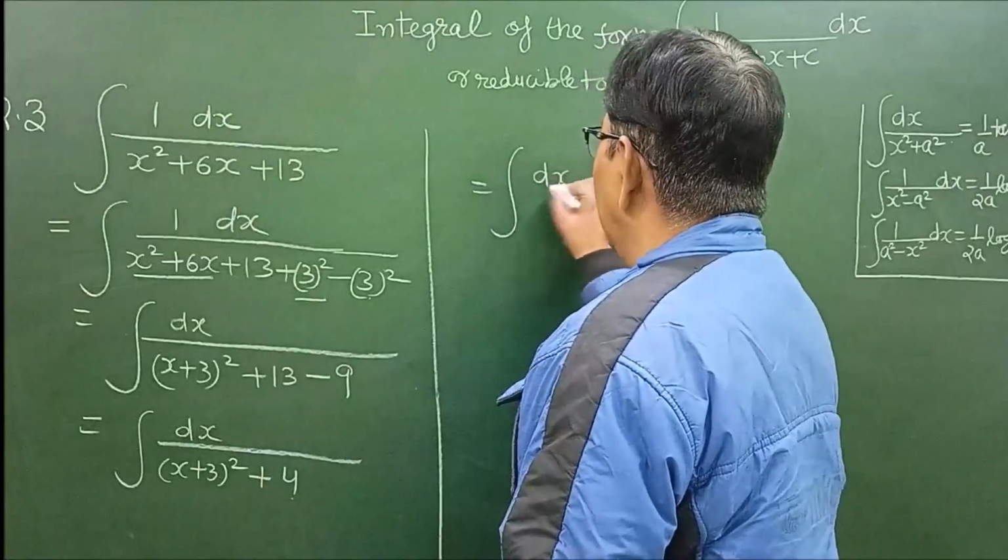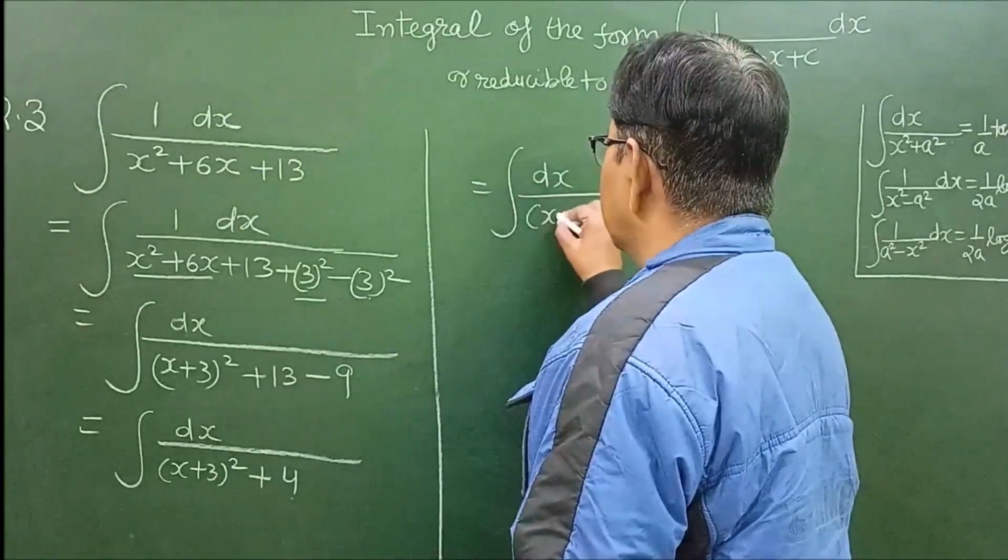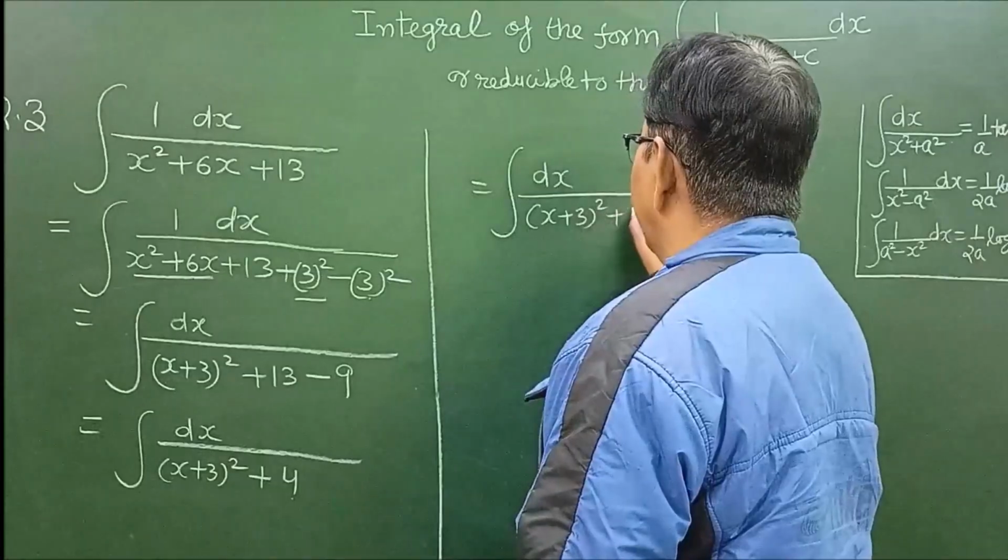So dx upon (x plus 3) whole square plus 2 square.